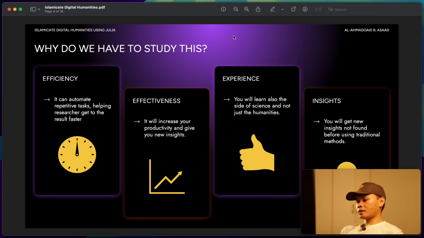And then, as I mentioned earlier, the final product of this would be an insight. So it will likely be a new insight, simply because you are very efficient and will be able to process a lot of data compared to doing it manually. So that's how I see it.